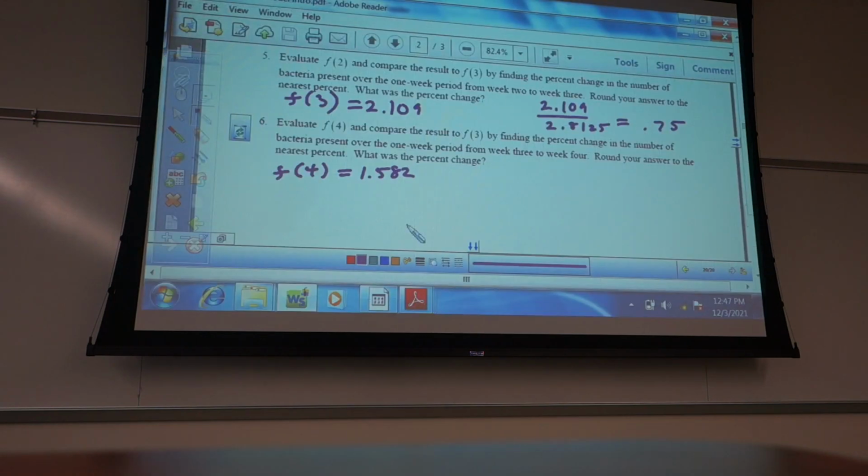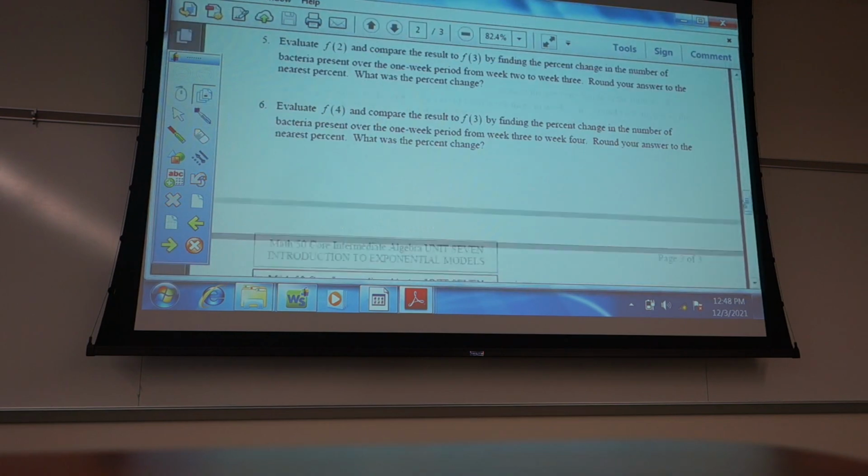So we're going to do 1.582 divided by 2.109. And again, you better get 0.75 or there's big trouble. The decimals are slightly off. Like the last one I got 0.7509, this one I got 0.7488. That's because you rounded it. If you round to 2 or 3 decimal places, you'll get 0.75. If you carry it out, you're going to get it.